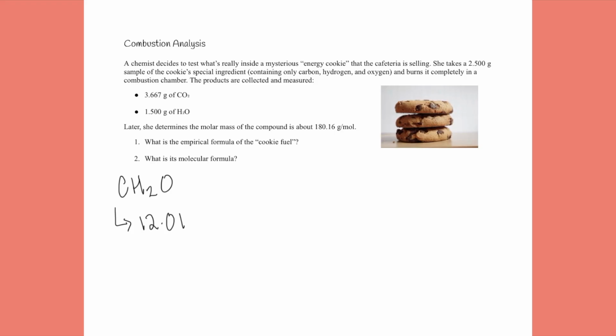12.01 grams per mole plus 2 times 1.01 grams per mole plus 16.00 grams per mole. And this equals 30.03 grams per mole. Then we know that the molar mass of the compound is 180.16 grams per mole.